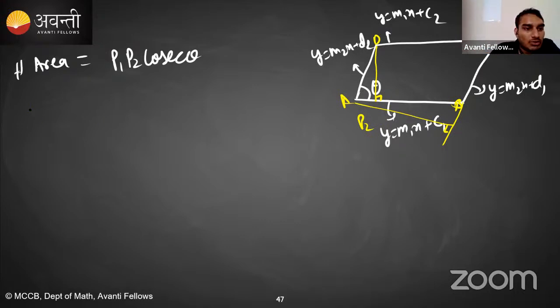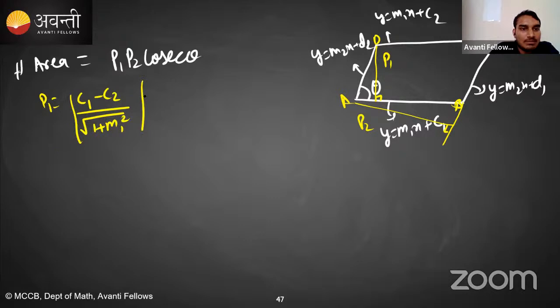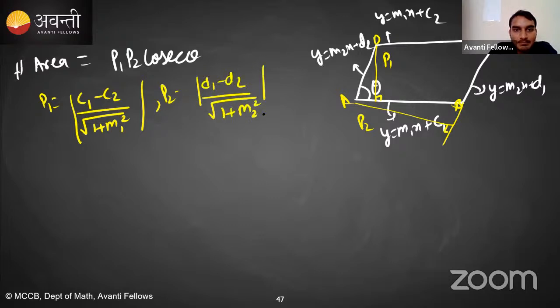We just saw the distance between two parallel lines. So p1 is |c1 - c2| upon under root 1 + m1 square. Similarly, p2 is the distance between this line and this line, which is |d1 - d2| upon under root 1 + m2 square.